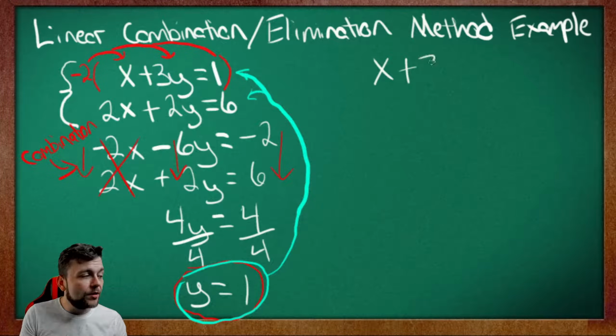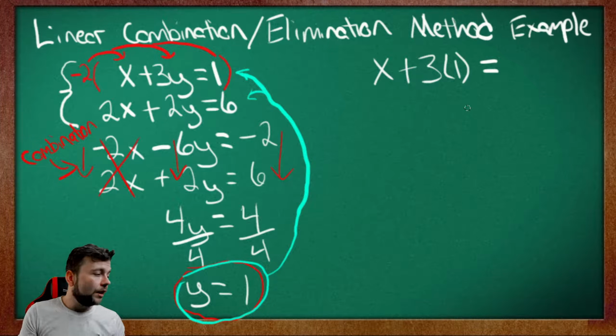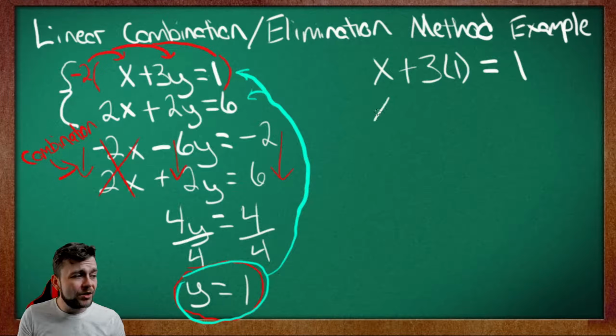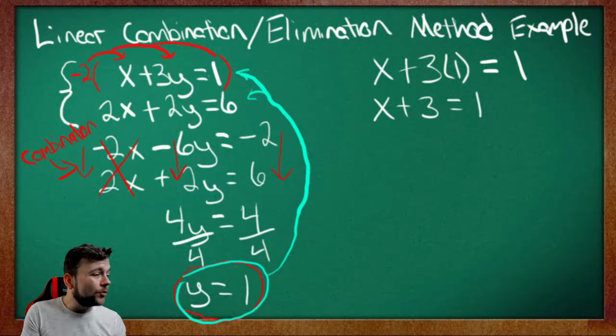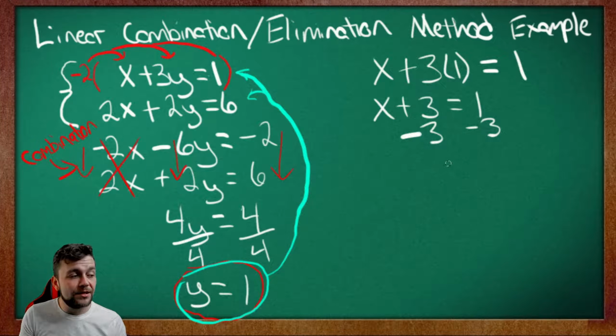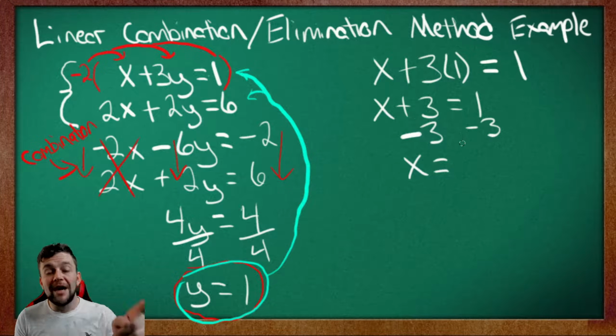So we have x plus 3, and our y gets replaced by a 1, and that equals 1. So 3 times 1 is just 3. We have x plus 3 equals 1. How do we get the x by itself? What is the opposite of adding 3? You must subtract 3 from both sides. x equals, what is 1 minus 3?